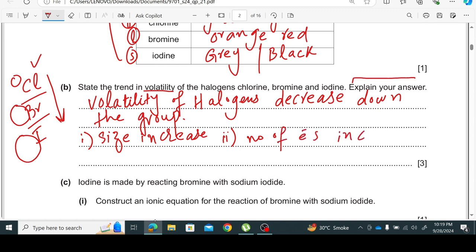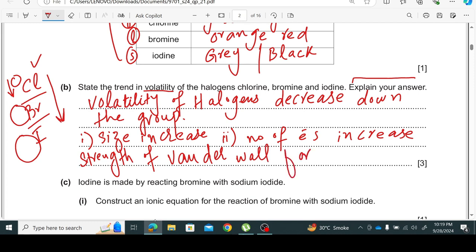So when it is getting bigger, the strength of van der Waals forces is also increasing down the group. This could be the reason for your answer.